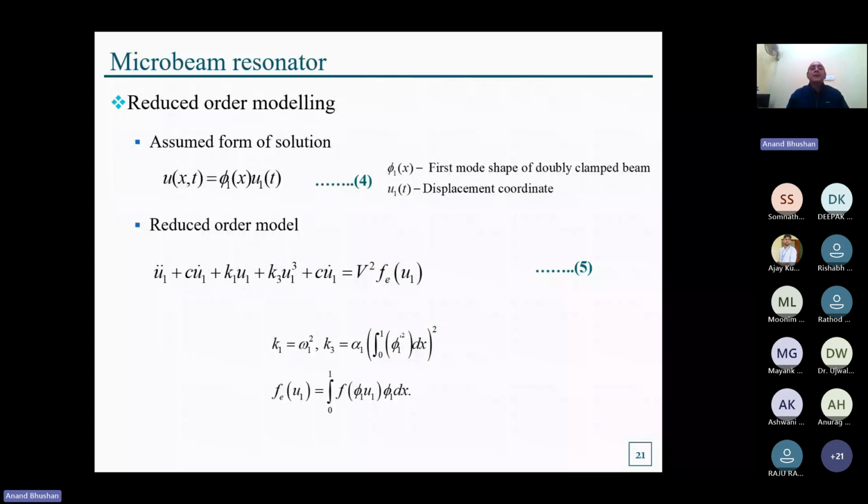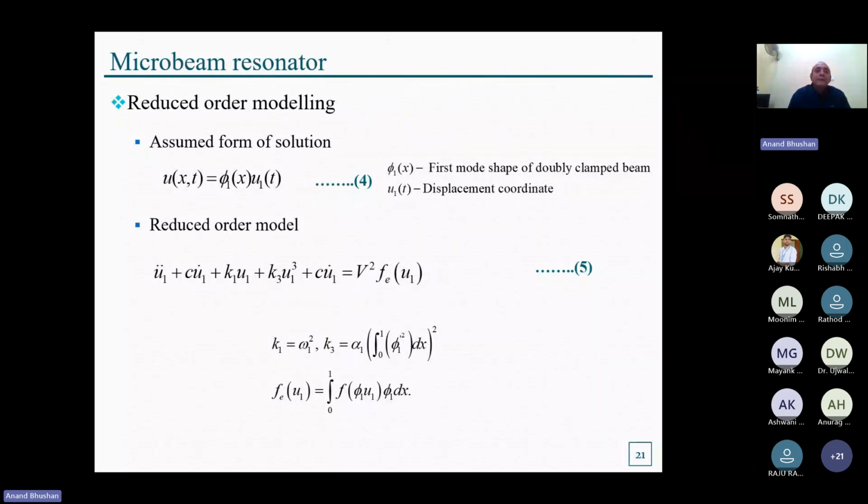So finally we get the reduced order model as equation 5. Here we can see that in equation 5, the reduced order model, U1(t) is the only dependent variable and the independent variable is time t. So it is a nonlinear ordinary differential equation.